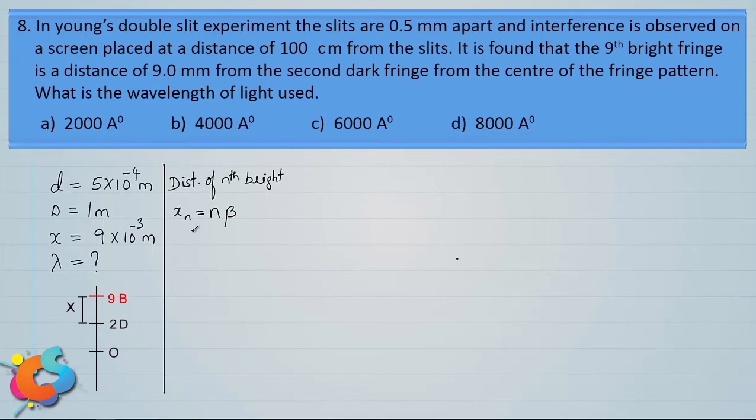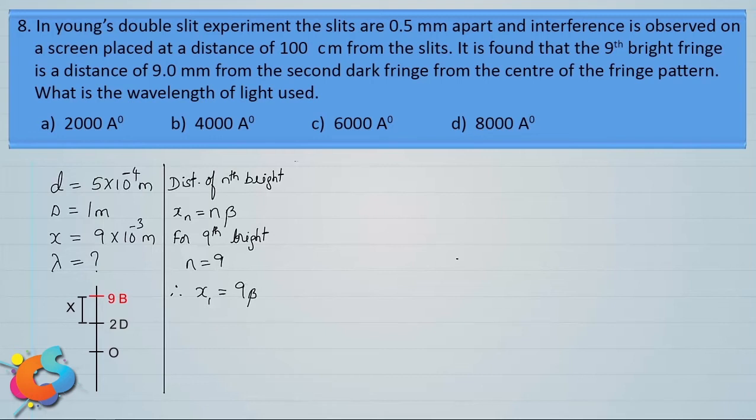For the ninth bright, n is the order of the fringe itself, so n is 9, and therefore the distance is just 9 beta. Let me call this x1, since I have considered bright, and now I'll have to consider dark, which will be given the symbol x2.